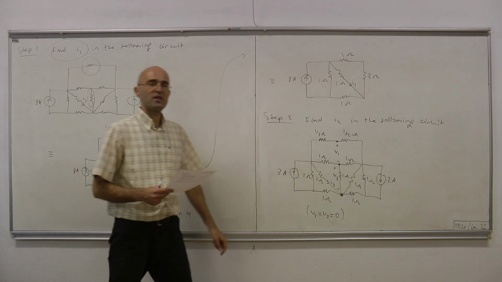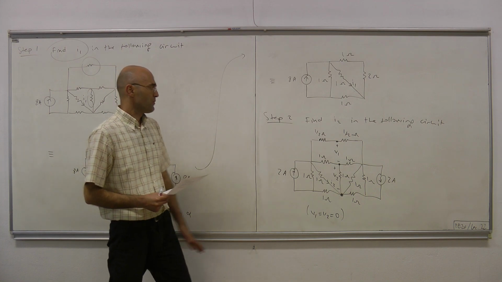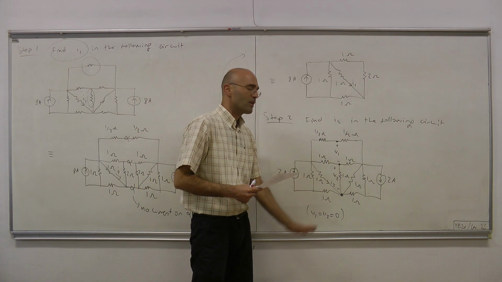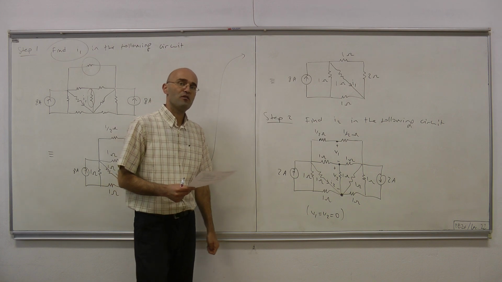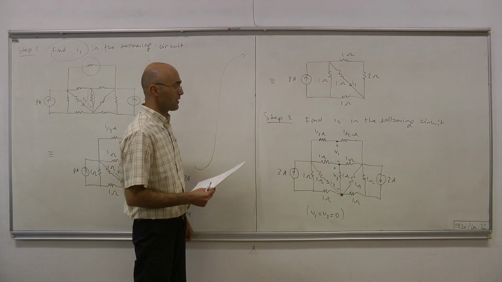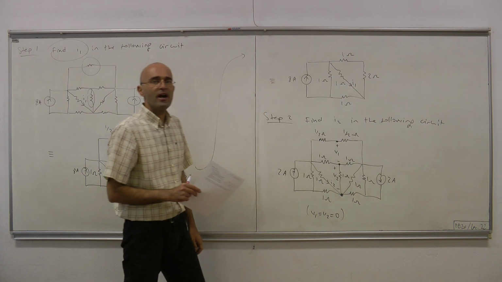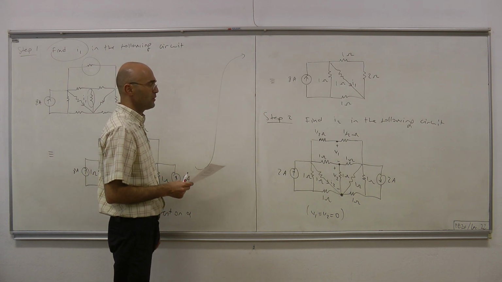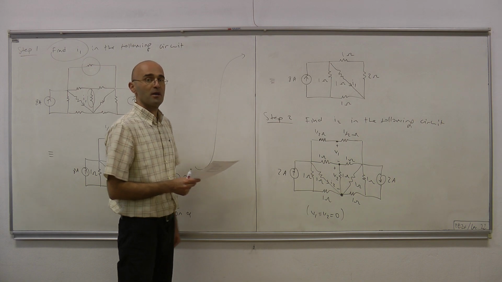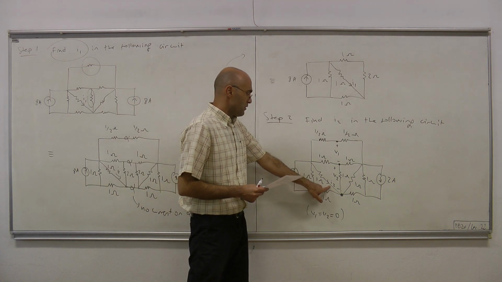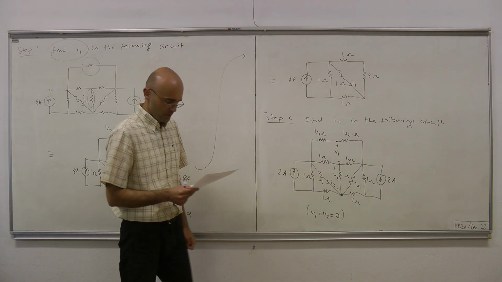Those two nodes, what we can do is, by the substitution theorem, we can connect all those nodes with wire. We can short circuit them, and if you do that, you in a sense separate left and right halves of the circuit. And if you do that, the circuit becomes much simpler to deal with when you want to compute I2. Okay.